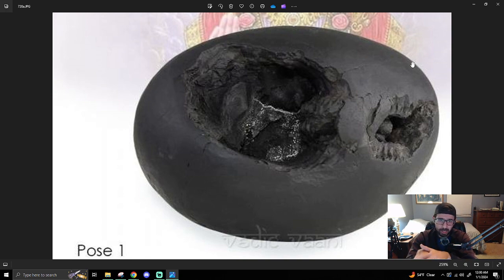We can really see the structure of these things in detail by looking at shallograms. So we're just going to look at shallograms now. Let's get to it. This one here is from Vedic Vaini.